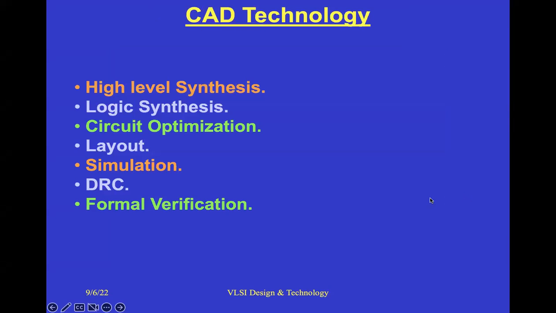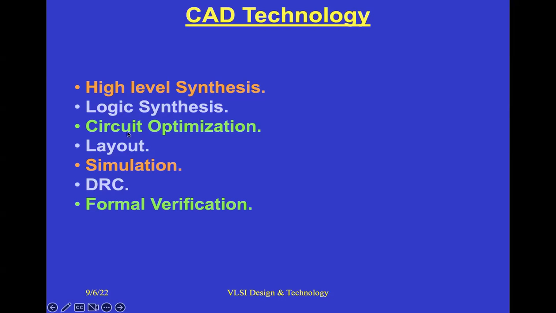Okay, so why do we use CAD technology? Because it can give us a high level of synthesis. By the way, what is synthesis? It's the next level of simulation. Simulation is something where you get the waveforms and then you check if your inputs and outputs are fine. But in synthesis, you are getting the text form into graphical form, right? Into a gate list form or netlist form.